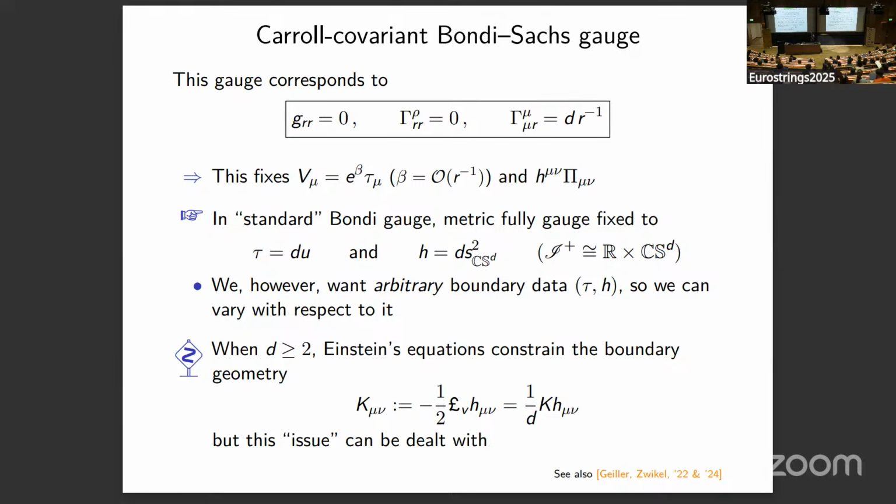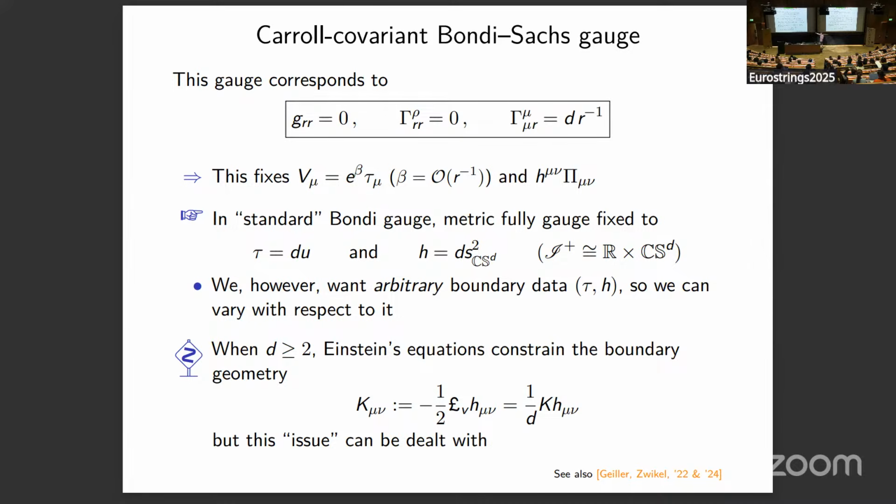Where I remind you that D plus 2 is the dimension of the bulk space-time, so D plus 1 is the boundary, and then, of course, the celestial sphere will have D dimensions. Now, as I mentioned, there is a constraint, and this constraint enters here.